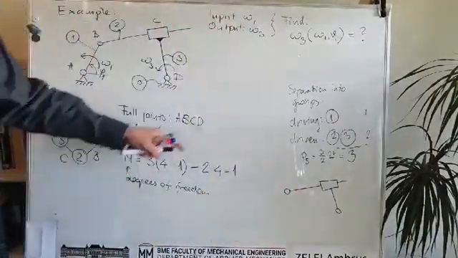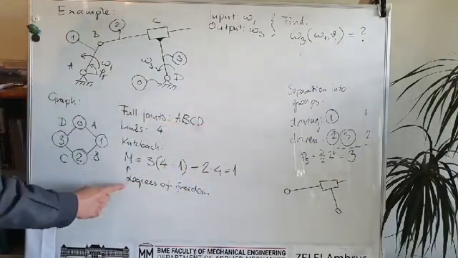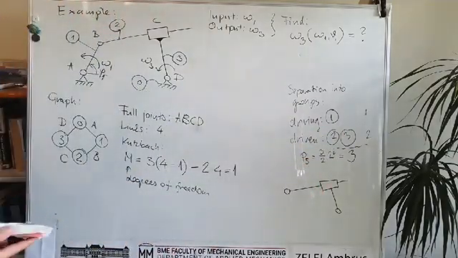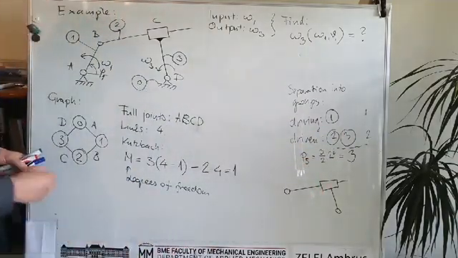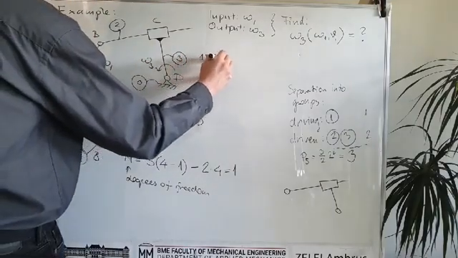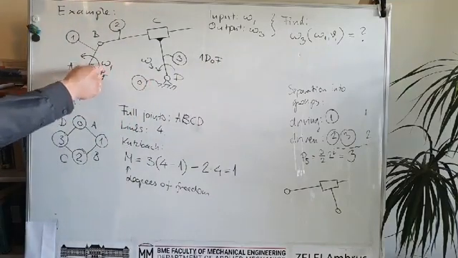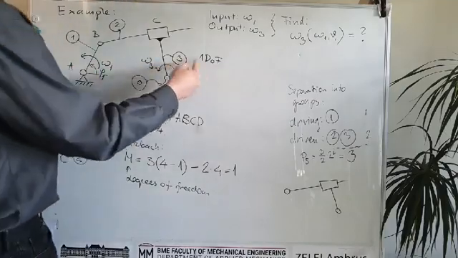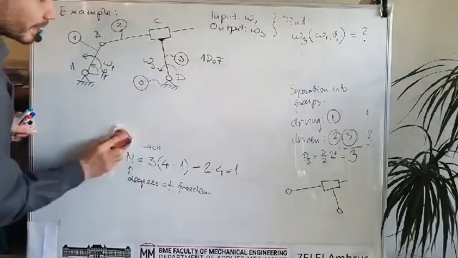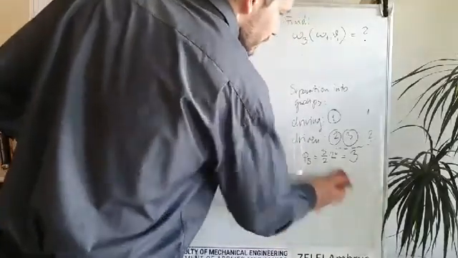So everything is fine, the grouping works, so most likely the degrees of freedom calculation was correct, so there is no paradox in the mechanism. So we have 1 degree of freedom, which is important to know. There is 1 single input and 1 single output, and the number of inputs should be equal to the number of degrees of freedom, and it really works now.